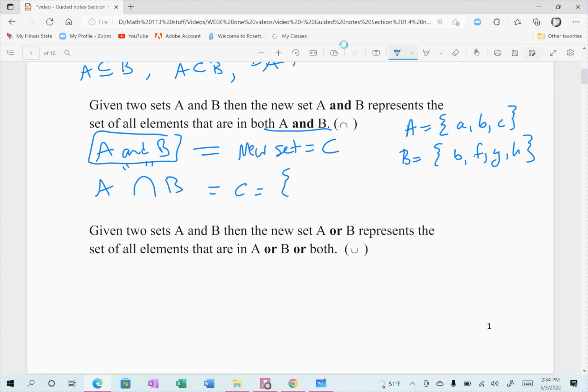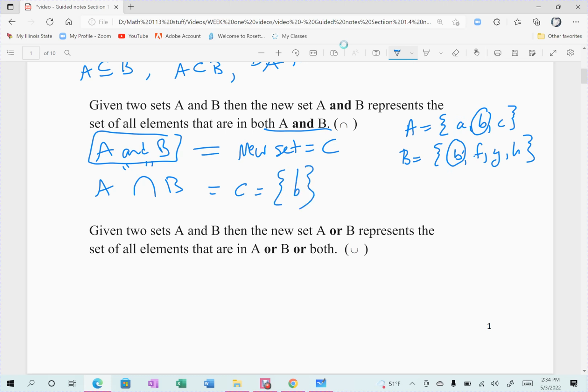It's what they share. In this case, the only thing between set A and set B is the letter B, right? That's the only thing they share, so C would just contain the one letter, B.